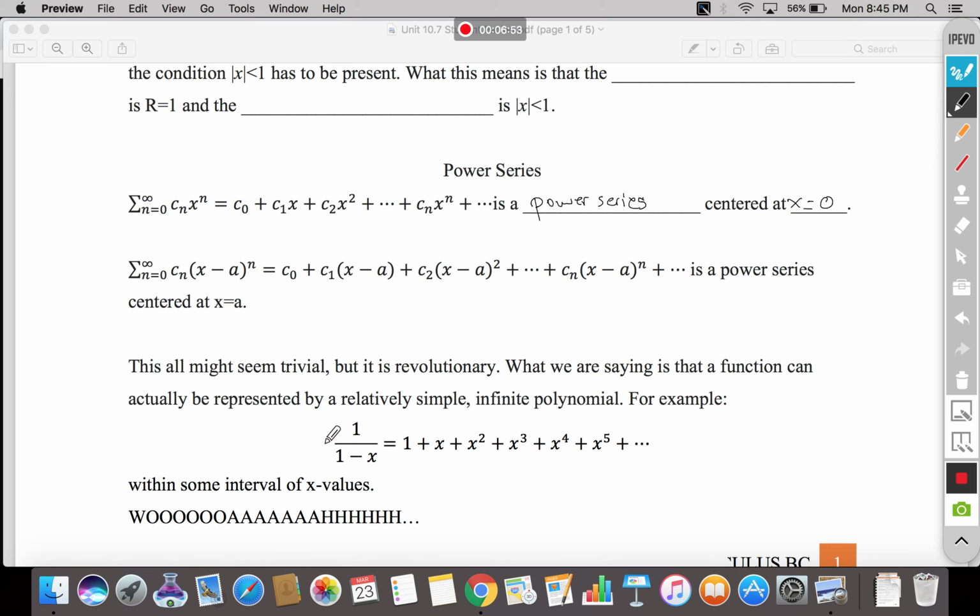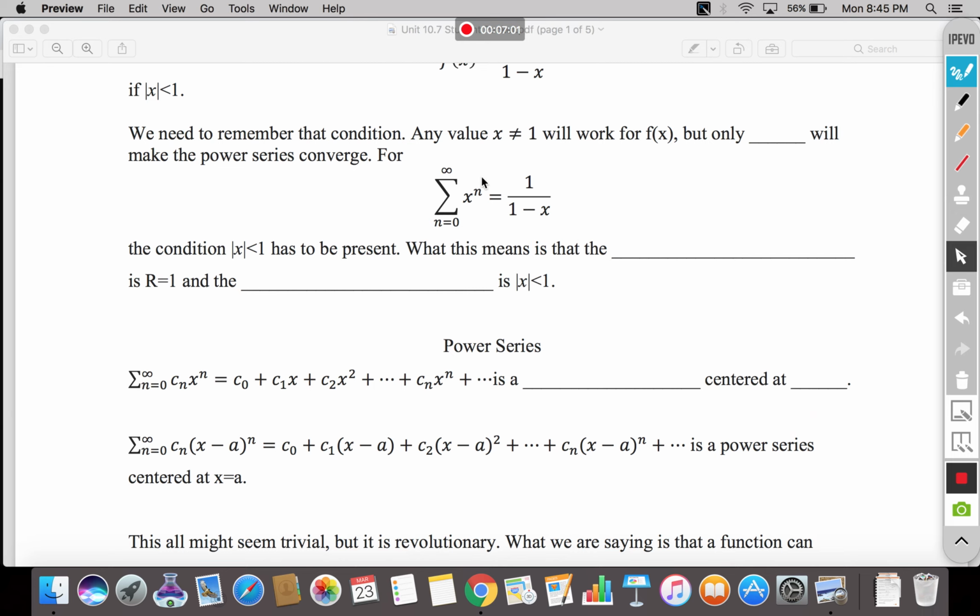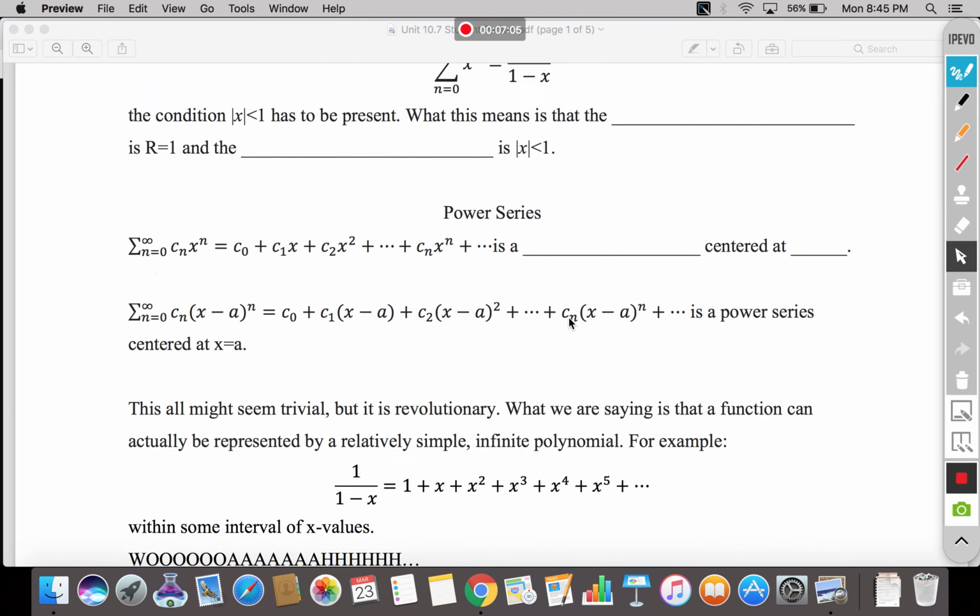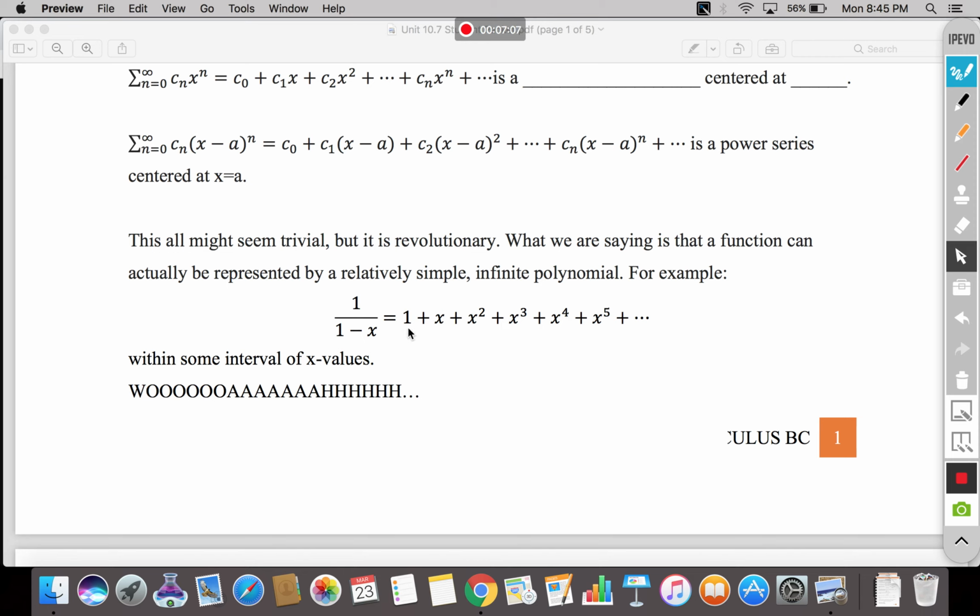For example, if you went through this series process, 1 over 1 minus x is going to be equal to 1, so that's x to the 0 plus x to the 1 plus x to the 2 plus x to the 3, and so on and so forth.